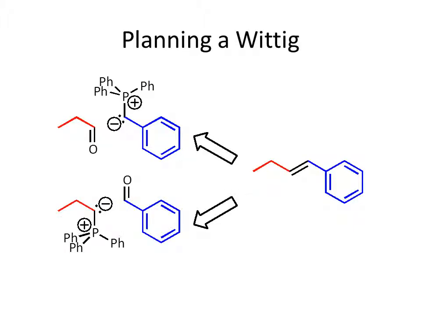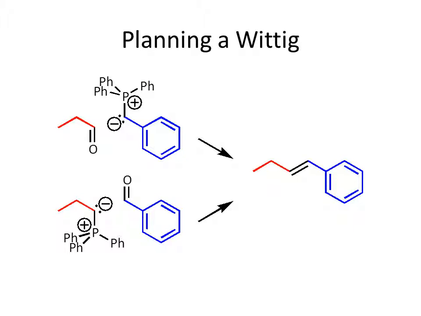Or it could be that the blue part comes from the carbonyl part and the red part comes from the phosphorus ylide part. Either one's fine, because in the product, you just end up with a double bond between these two positions, and the phosphorus and the oxygen have gone away as triphenylphosphine oxide. So notice this same alkene could be formed in two different Wittig reactions.